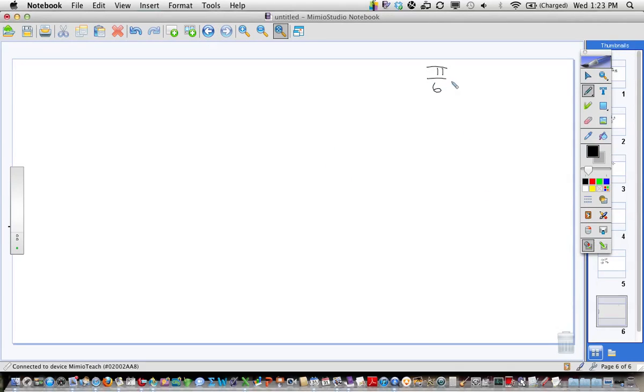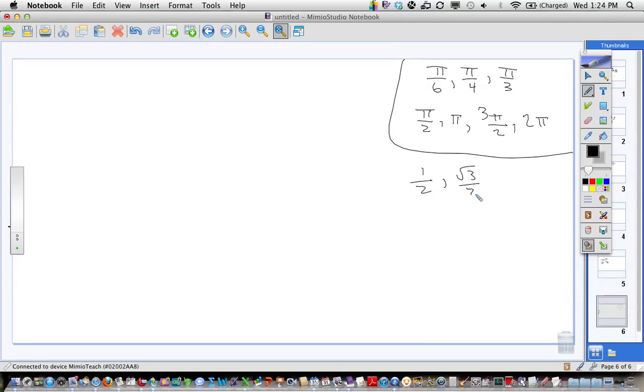Pi 6 is a value that would come up a lot. Pi 4ths would be a value that comes up a lot. Pi 3rds. But also pi halves and pi and 3 pi halves and 2 pi. Those would be the values you'd be on the lookout for, for radians.